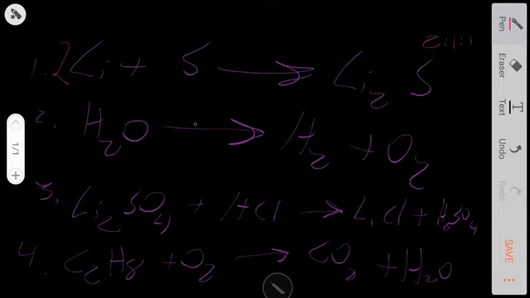Here we have H2O, and it seems like it's splitting into H2 and O2. That's decomposition. You can pause the video now and try to balance it, or with me. Looks like this is going to be a 2 to 2 to 1 ratio. This looks like double replacement.